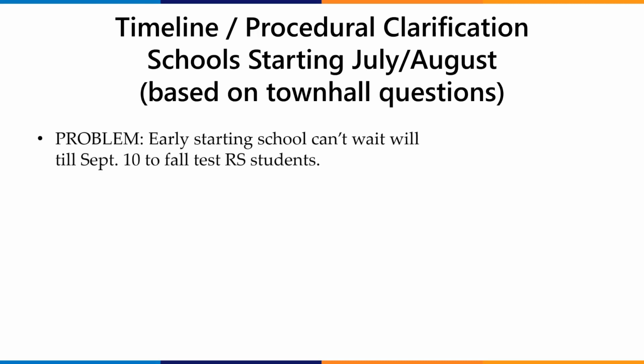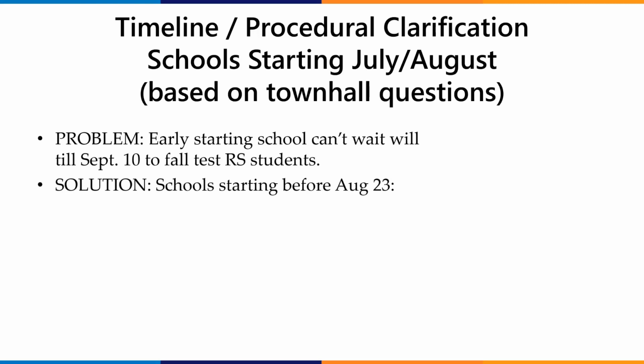These early starting schools can't wait till September 10th to fall test their random sample students, because we ask you to test your students within a 3-week window of the start of the school year. Waiting till September 10th puts you clearly outside of that 3-week testing window for fall.